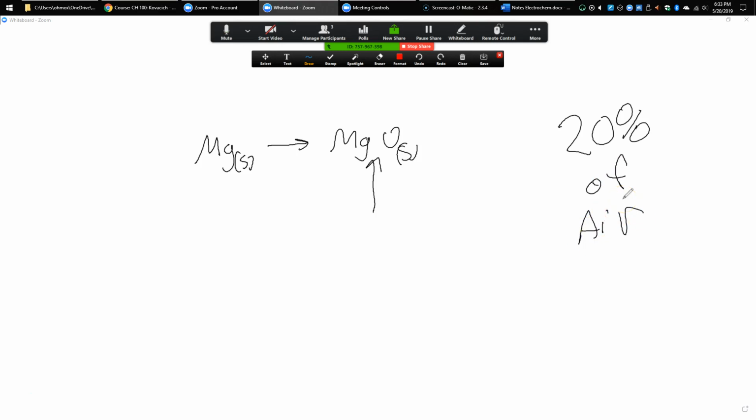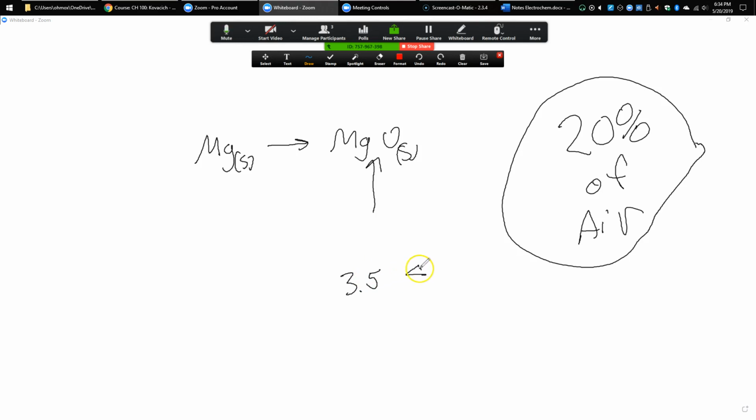Because oxygen has a -2 charge? Nope, not that it has a -2 charge. First off, it's 20% of your atmosphere, so you just can't get away from it. So it's always around. And then the other reason is it has an electronegativity number of 3.5. Right next to it, fluorine has an electronegativity number of 4.